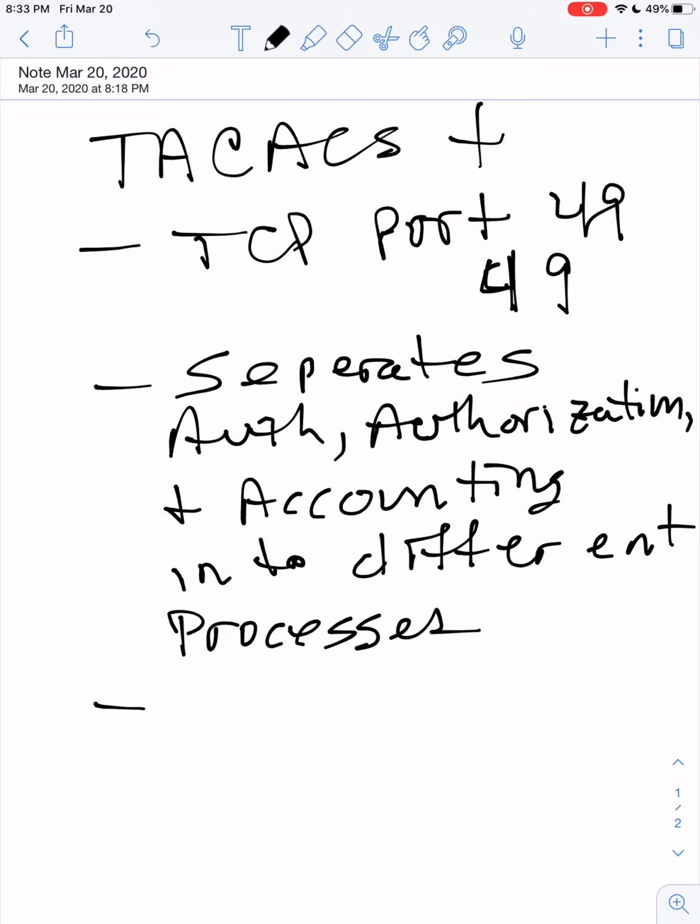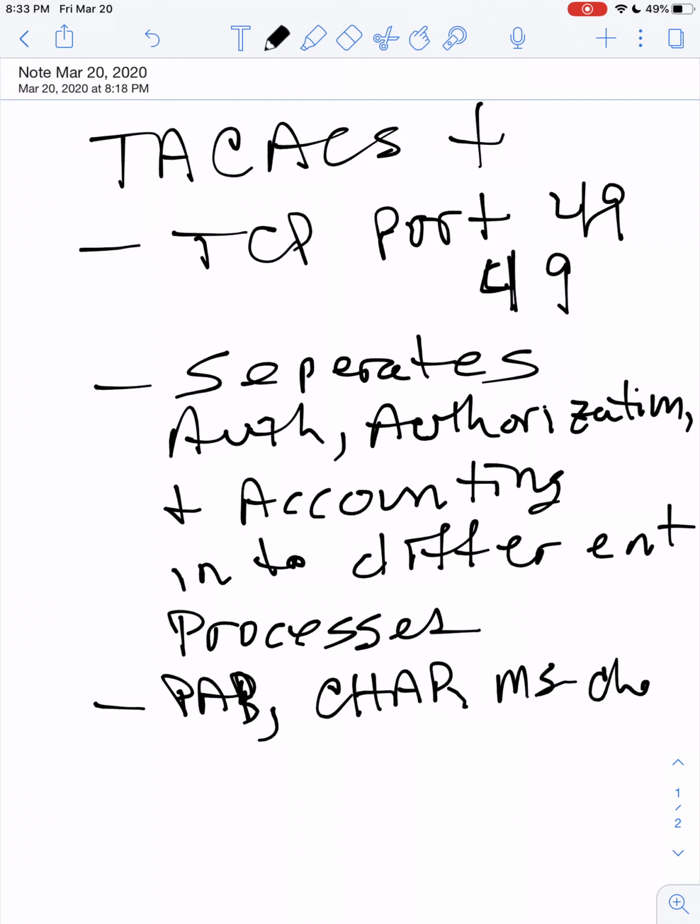And like Radius, it supports PAP, CHAP, MS-CHAP. It also supports MD5 hashes.